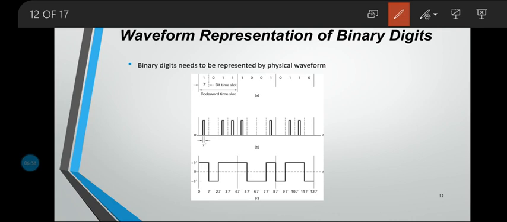NRZ-L stands for L for level, NRZ-M for mark and NRZ-S for space. These techniques are used to code for a bit that is present. Coming to the very first subgroup, NRZ-L, L for level.